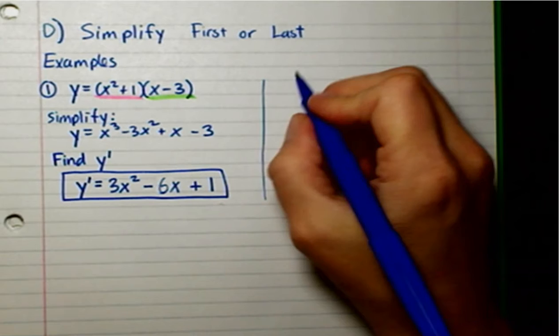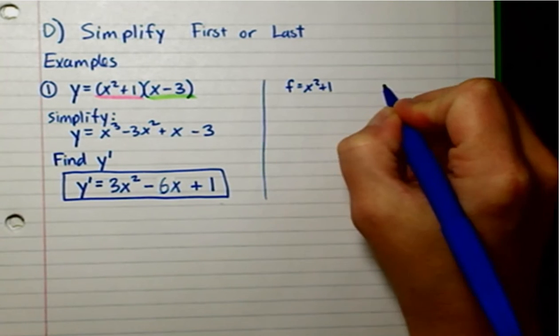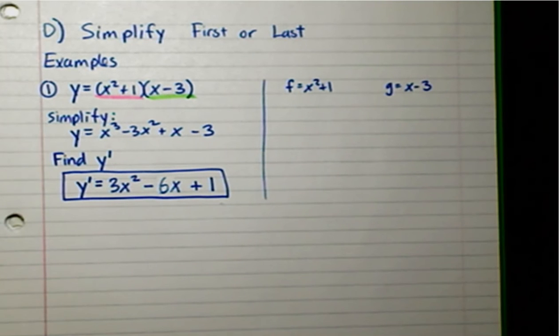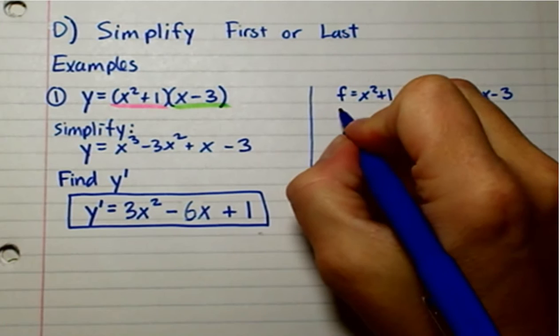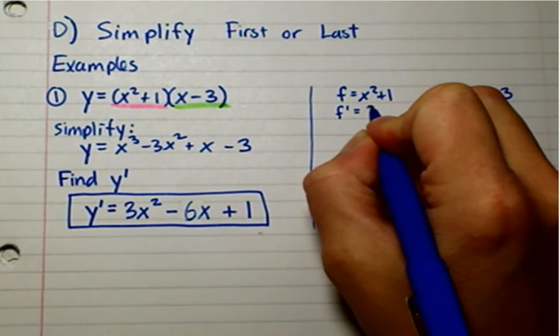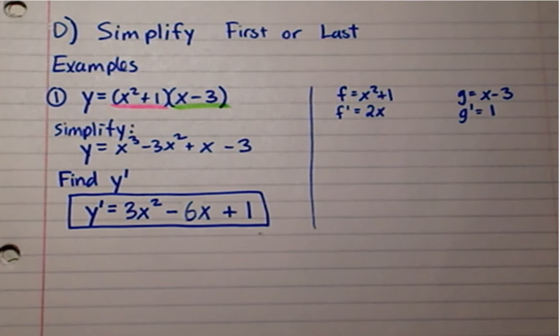Because I have a product, I'm just going to go f is x squared plus 1, and g is x minus 3. Right, so I have the first part and the second part. I'll zoom a little. Okay, so we have to do the derivatives. Derivative of g is just 1.